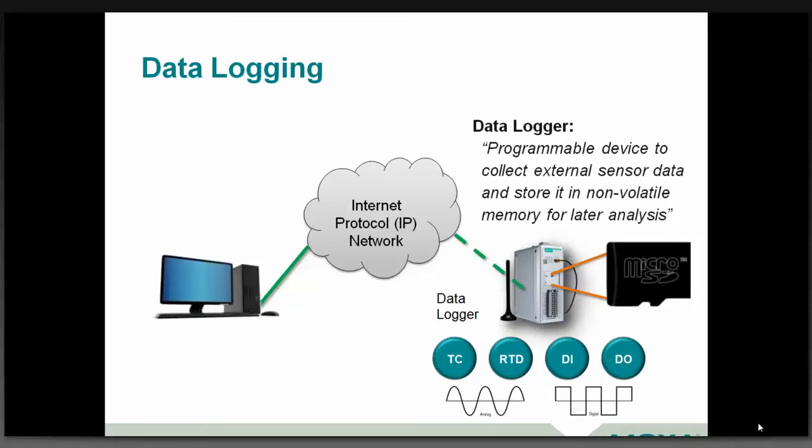This is a great application for a device called a data logger, and a data logger takes that same capabilities of the remote I/O device, but has the ability to do a little bit of application programming inside that can be as simple as filling in the blanks for a couple of parameters like, hey, here's what I'd like to collect, here's how often I'd like to collect it, and here's what I want to do with it.